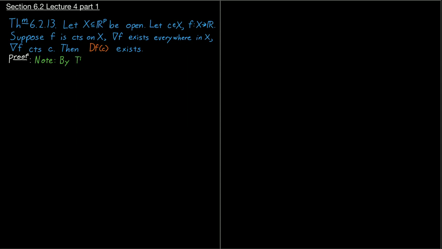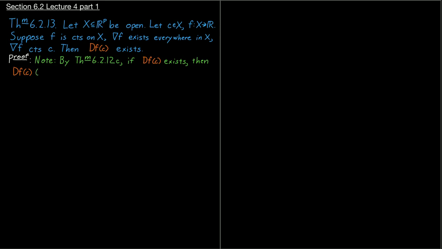By the last theorem we proved, if df of c exists at all, then I can tell you what linear operator it is.